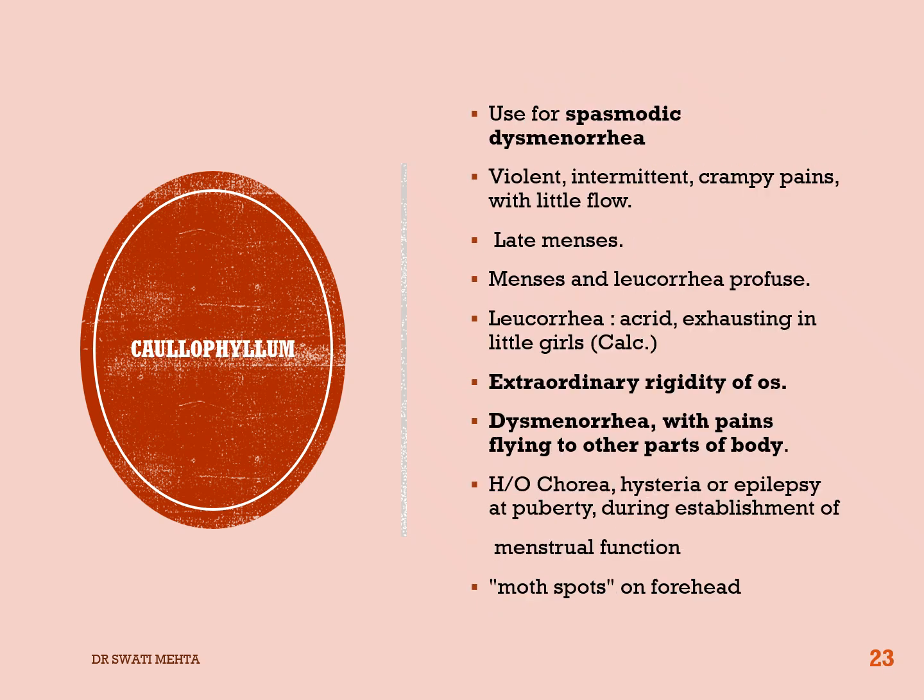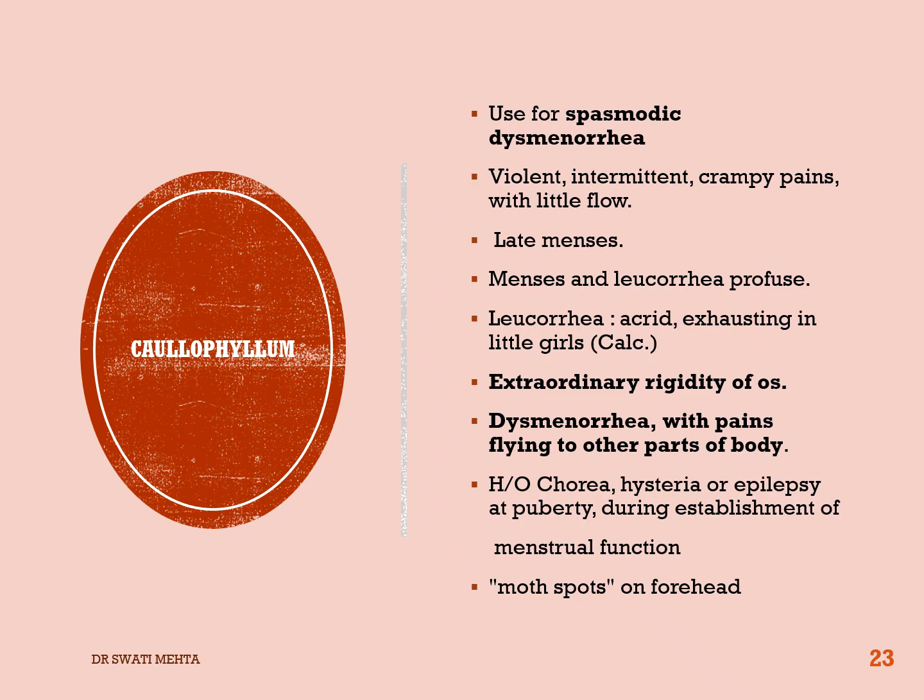Caulophyllum is especially useful for spasmodic dysmenorrhea associated with rigidity of the cervix. So rigidity of os is the cause of spasmodic dysmenorrhea. The pains are intermittent, cramp-like and fly from one part of the body to the other. Menstruation may be delayed with scanty flow.